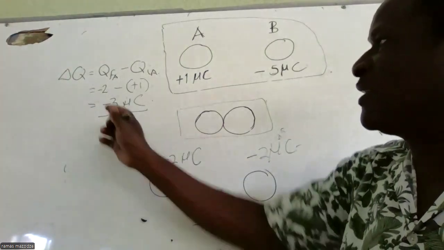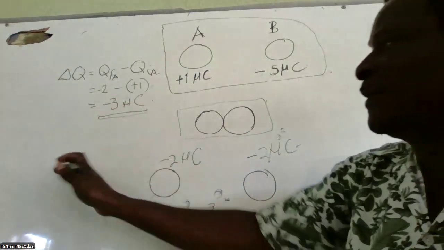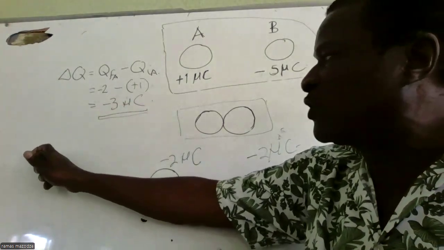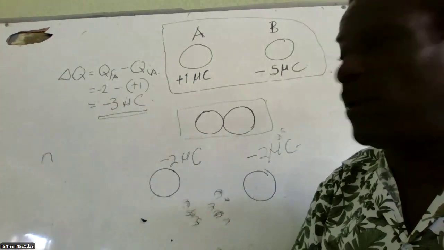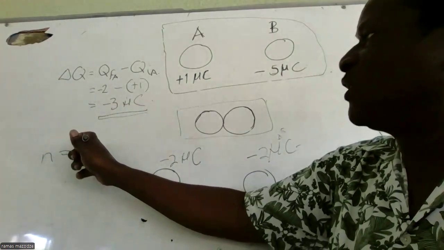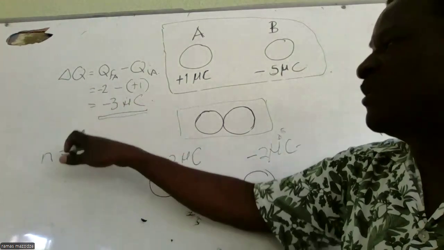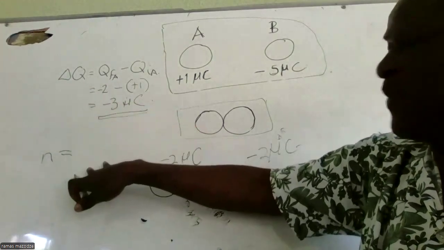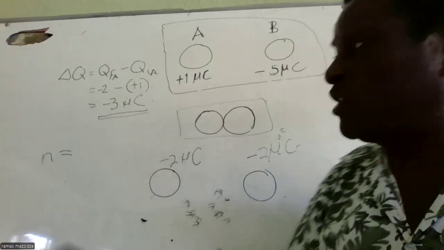In this case, it gained a charge of minus 3. So to get the number of electrons transferred, that's the last question that they normally ask, you just simply divide your change in charge. This could be plus or minus.